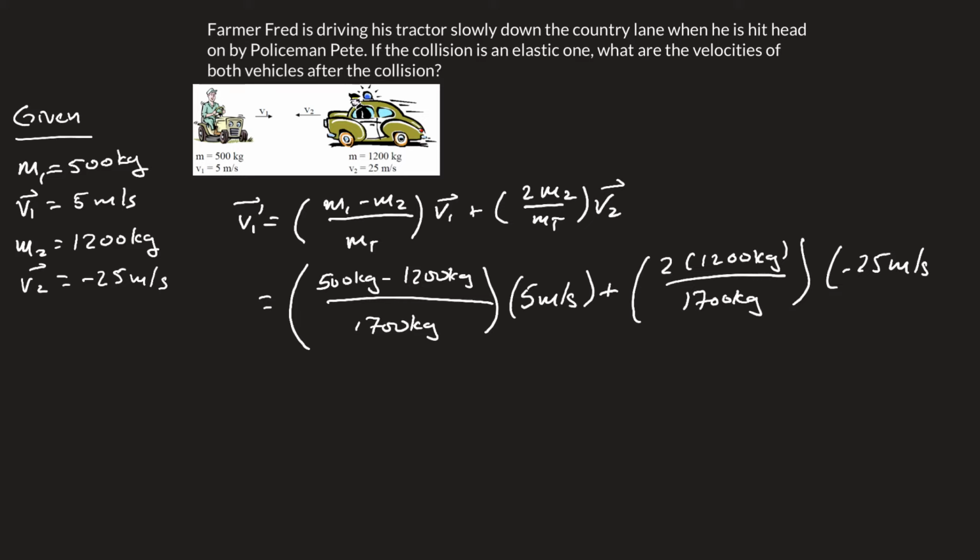Again, the negative sign is very important, just to denote that it's going in a different direction. After solving for all of that, what you end up with is negative 37.4 meters per second, which for us translates into 37.4 meters per second to the left.